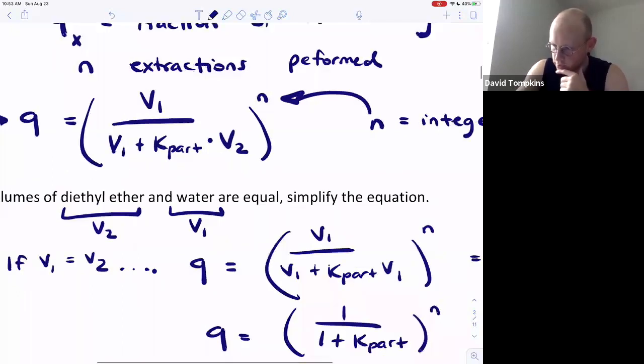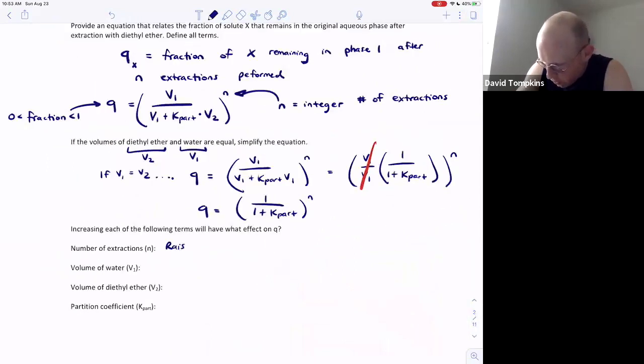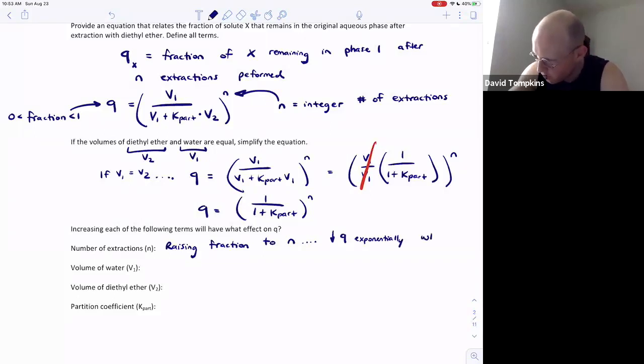In other words, we're always raising a fraction to the power n. And raising a fraction to an integer exponent is going to cause a decrease in Q exponentially with an increase in the number of extractions n.